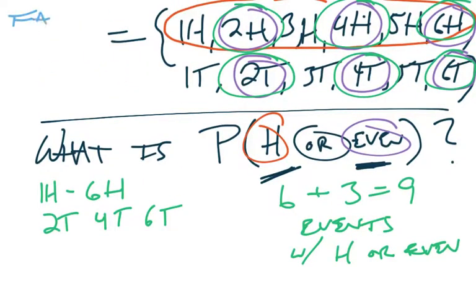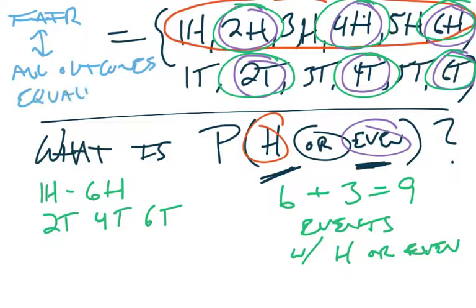Fair for a die and a coin means all outcomes are equally likely. They're unbiased coins and dice, so you're just as likely to get a heads as you are a tails, and just as likely to get a 1 as you are a 4 or a 6 or whatever.